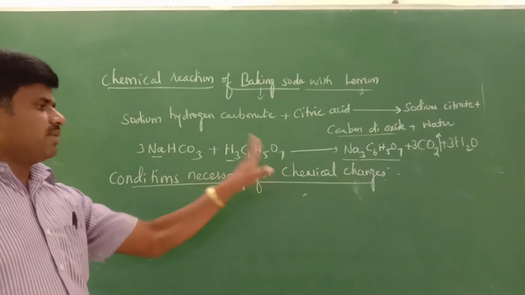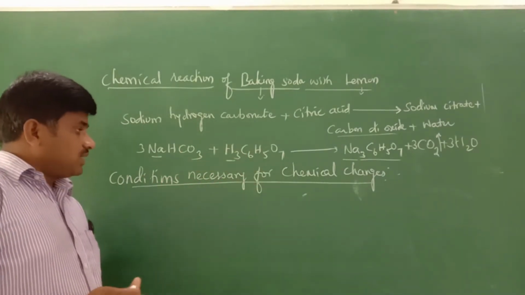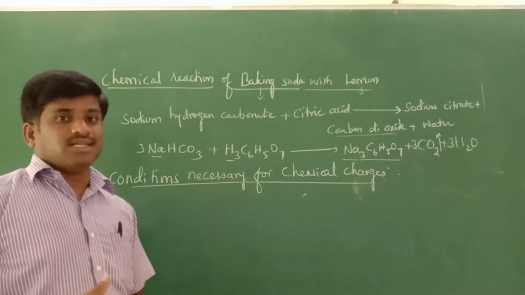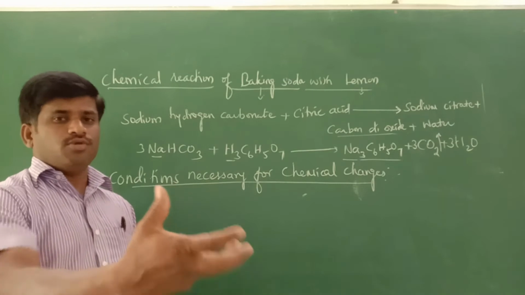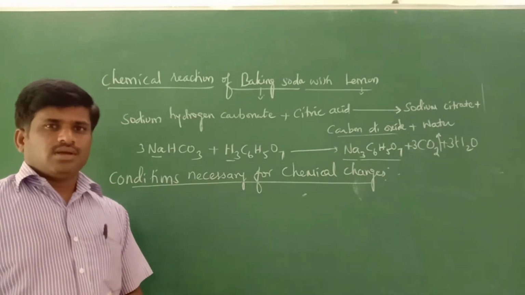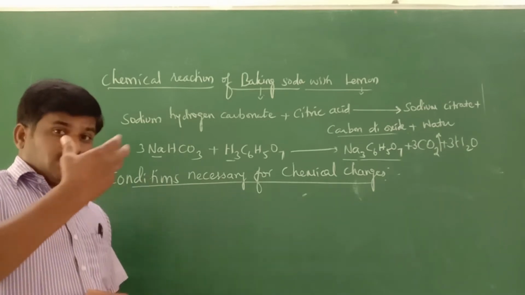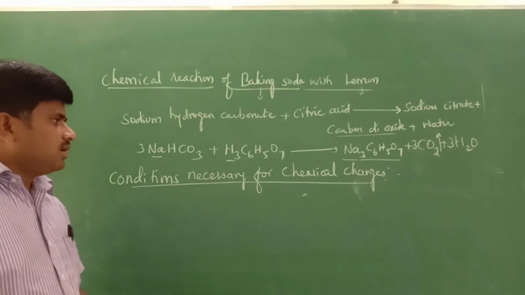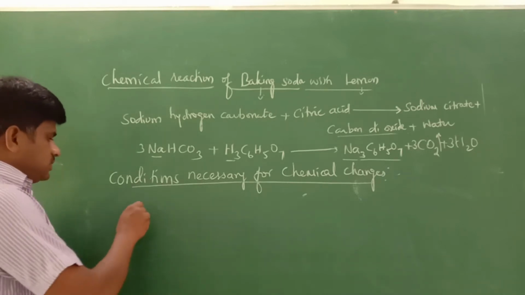Conditions necessary for chemical changes. What are the conditions required for chemical changes? For formation of a new product, what are the necessary things that have to happen? And that is called conditions. So we have to list out the conditions for the chemical changes.